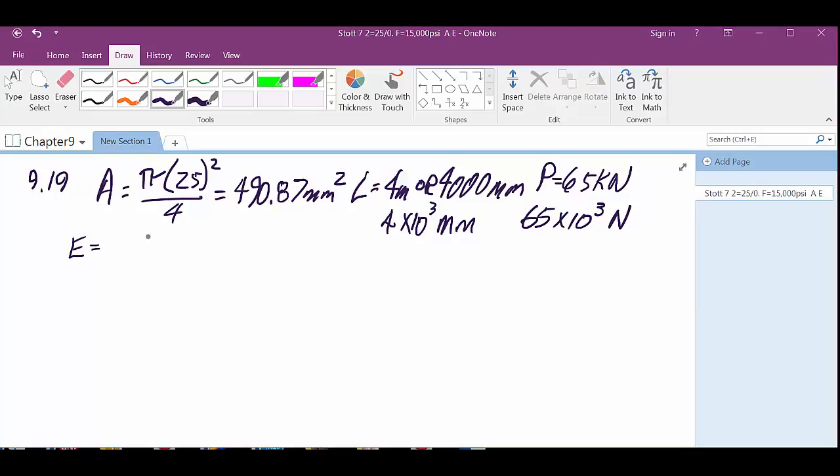Right. The metric units are on page 502. I missed something in the chart, another chart in the back. So the aluminum alloy is 70 times 10 to the third megapascals on page 502. And I didn't actually mark that in the solutions.